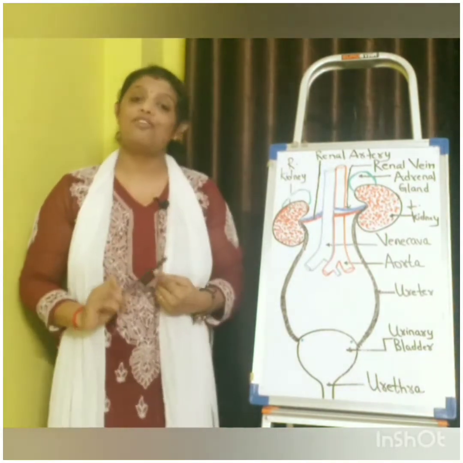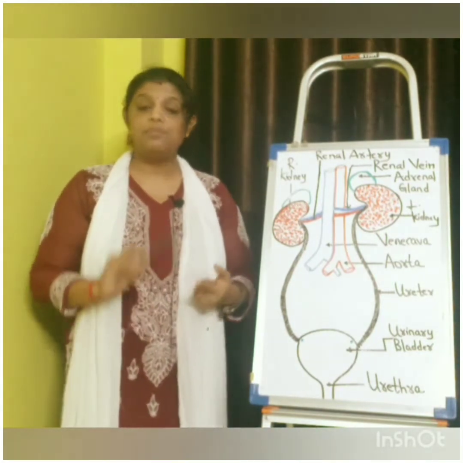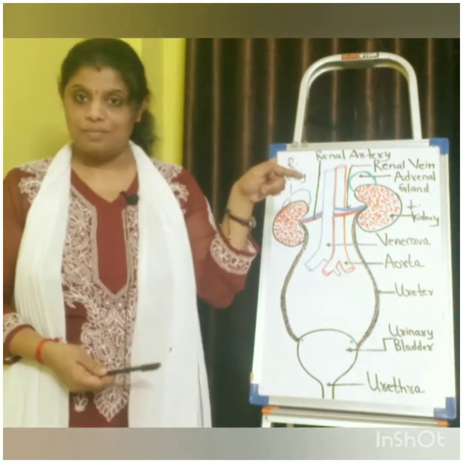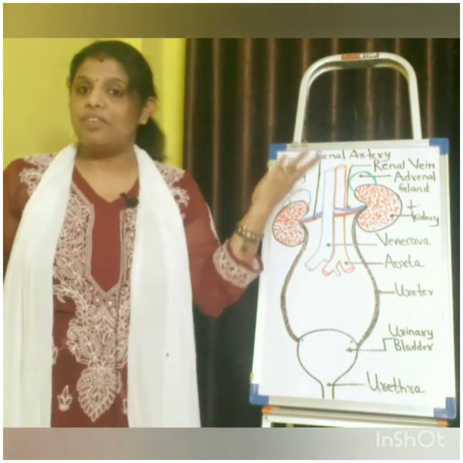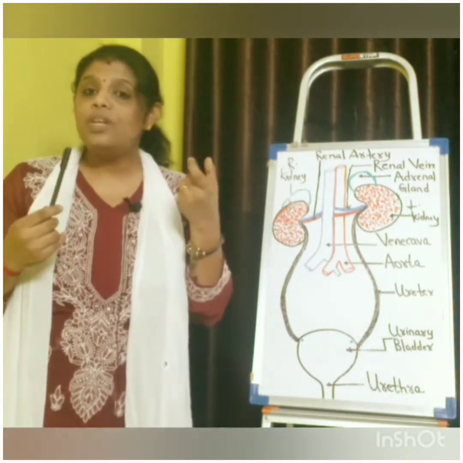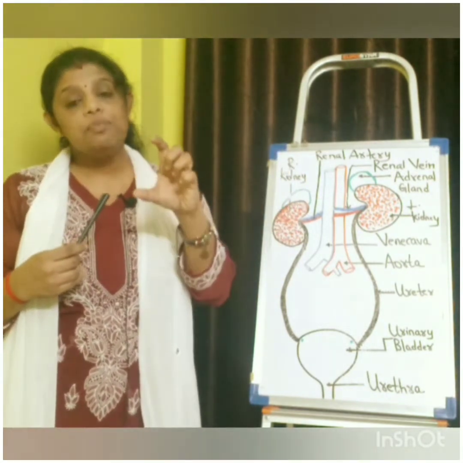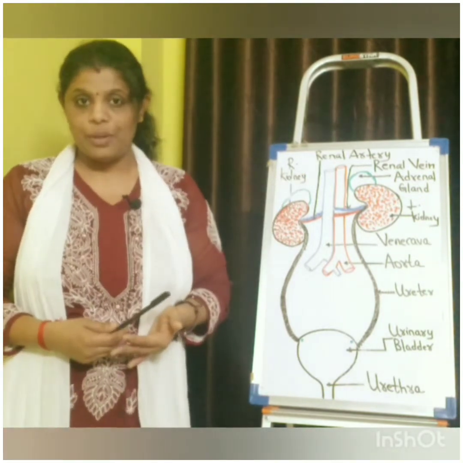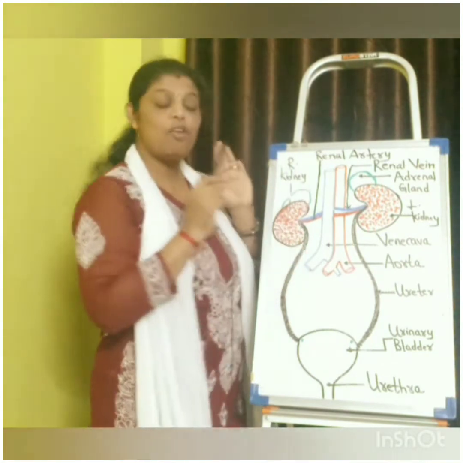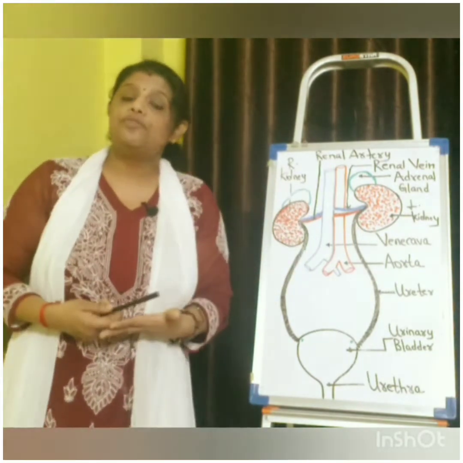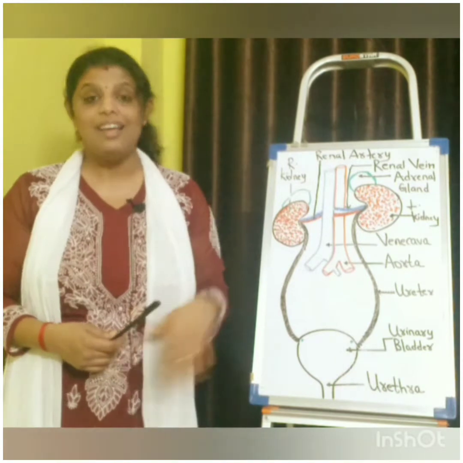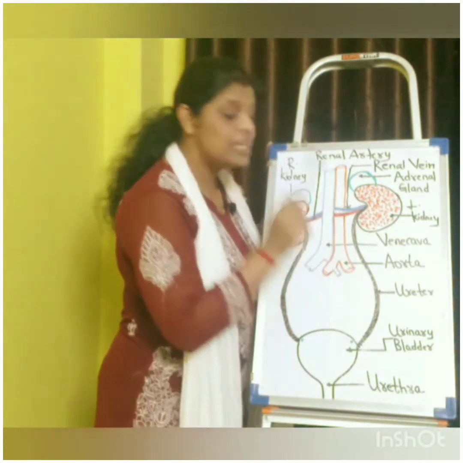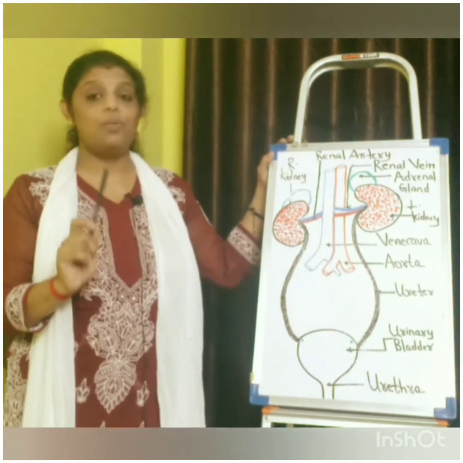One of the pair of that artery branches from the abdominal aorta. The aorta reaches everywhere in the body. So the abdominal aorta gives a branch, a pair of arteries. That pair of arteries which has branched from the abdominal aorta we call the renal artery.